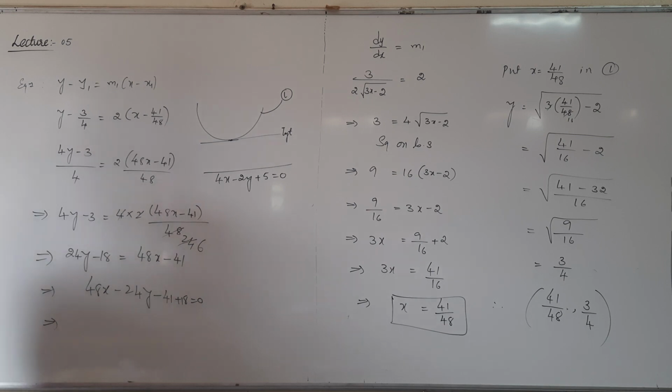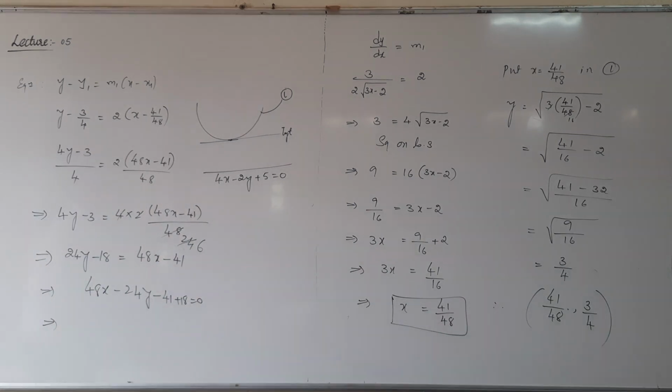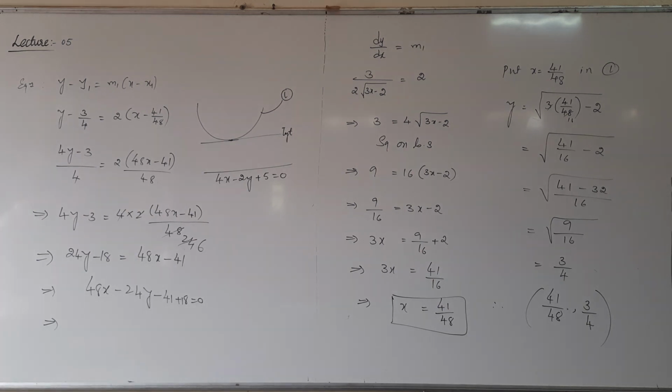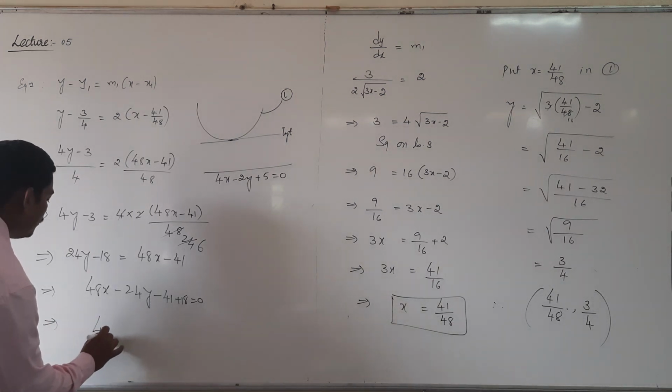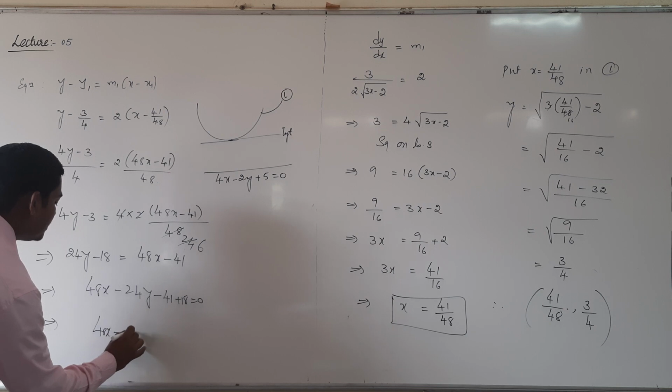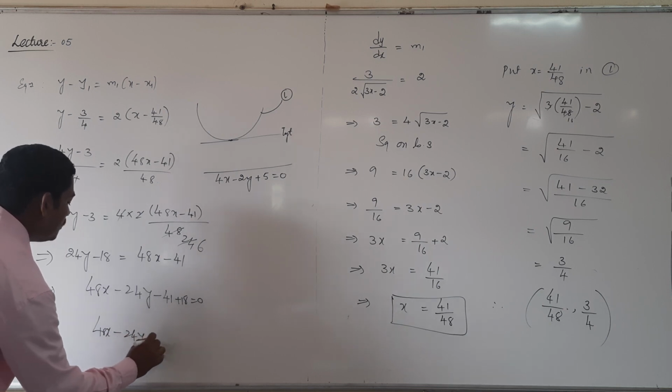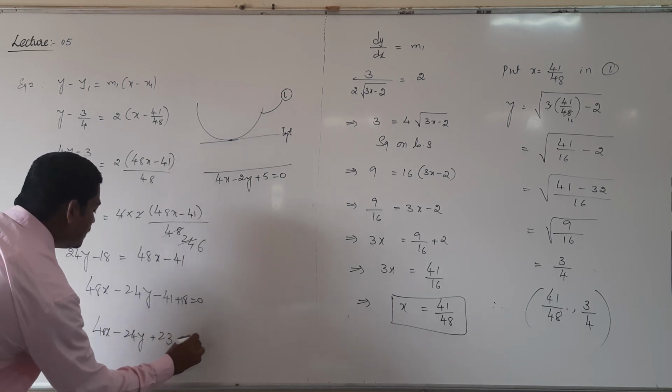Then minus 41 plus 18 is minus 23 only. So 48x minus 24y plus 23 equal to 0.